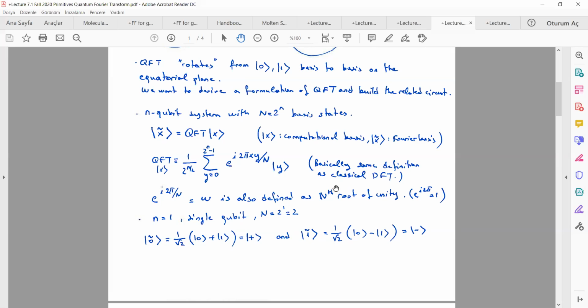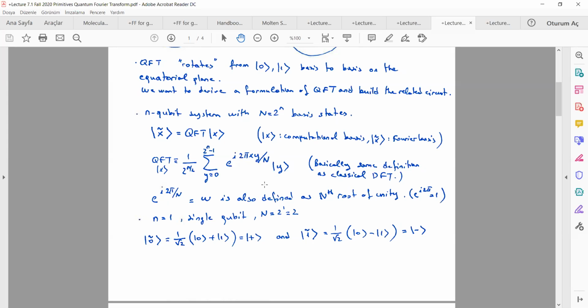So this is, by definition, what we mean by the quantum Fourier transform. It's basically the same definition as the classical discrete Fourier transform. So you have, let's say, a signal in the time domain in the classical case, and through this kind of transform, you convert it to the frequency domain.